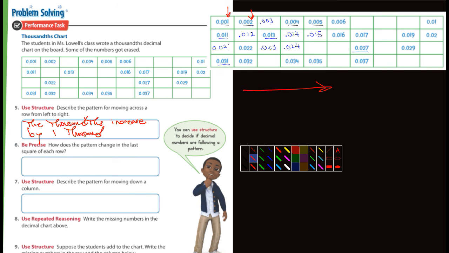Number 6, how does the pattern change in the last square of each row? The hundredths increase by 1.